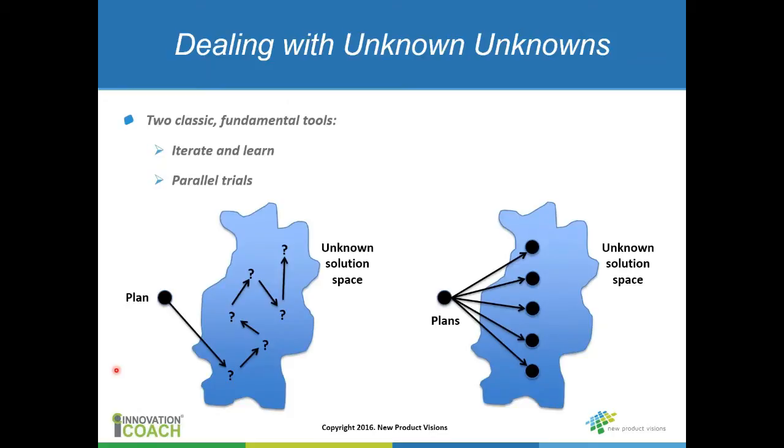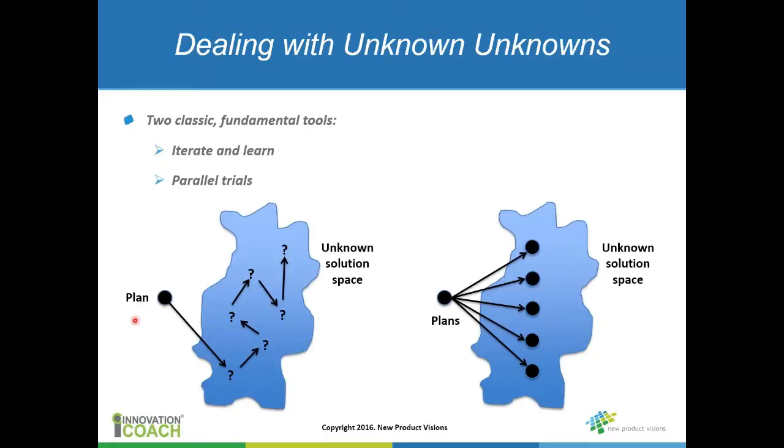Now, there are two really classic ways that we deal with unknown unknowns, and those two methods are the iterate and learn method and parallel trials. In the iterate and learn method, you come up with a plan, you test it, you learn from it, and then you do the next test, and you keep going through these iterate and learn cycles in this solution space.